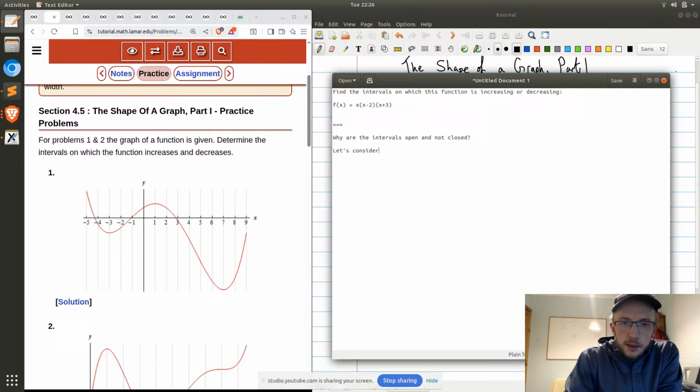Let's consider sine of x for, well, let's say minus pi to pi.